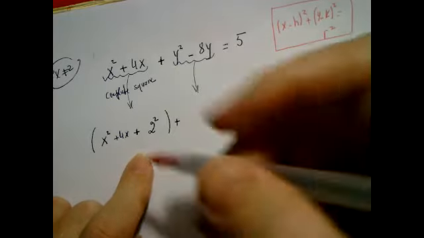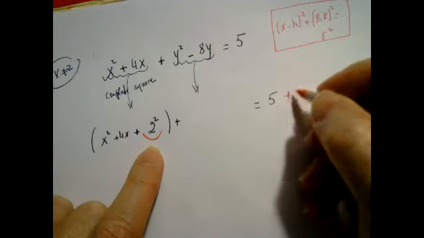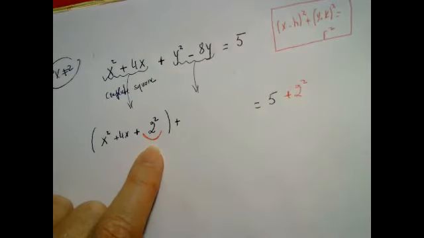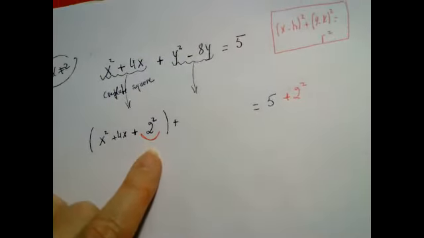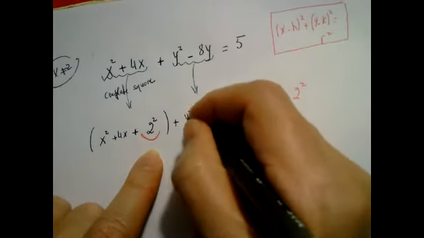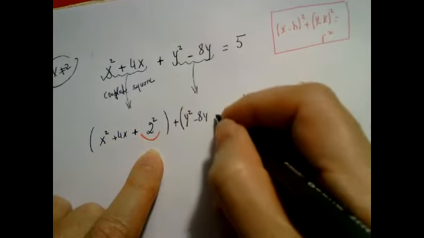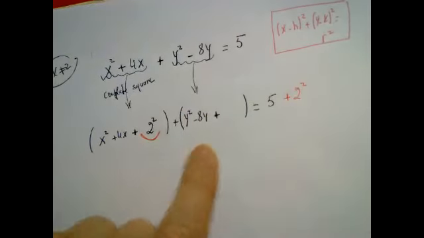It's very important. If you're adding 2 squared here, you have to add it here as well, or you're changing your equation. We cannot do that. If I add it here, I have to add it here. Now, the second piece, I want to complete that. So that's y squared minus 8y. Again, what should I add here?